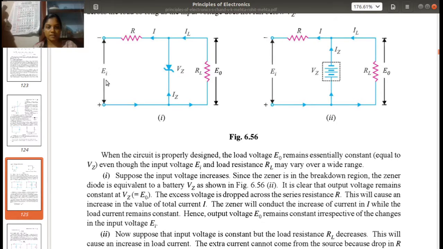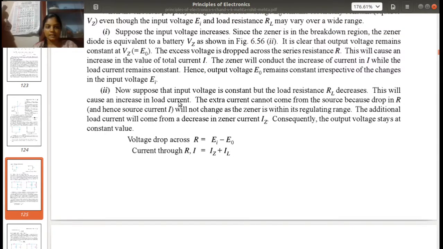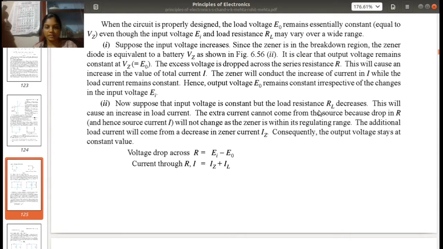First we discussed the increase of input voltage, and we discussed that case. Now suppose that the input is constant but the load resistance is decreasing. This will cause an increase in the load current. The extra current cannot come from the source because the drop in R will not change, as the Zener is within its regulating range. The additional load current will come from a decrease in the Zener current IZ. Consequently, the output voltage stays at a constant value.